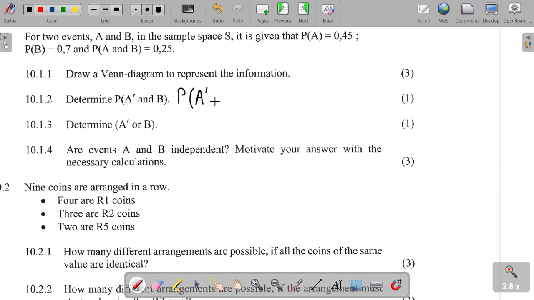And B, equal to, and then not A and B. So then the probability of not A or B equals not A and B.